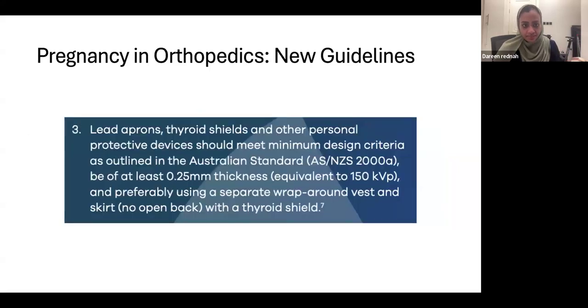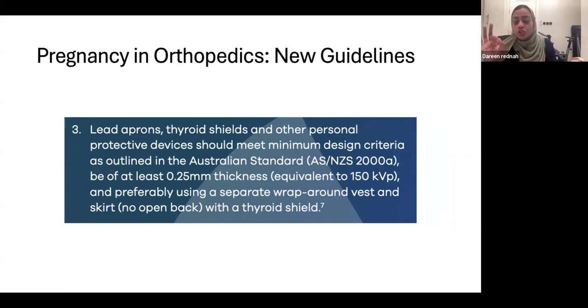research suggested. A lead apron, thyroid shield, and other protective devices should meet minimal design criteria. What is the criteria? The apron at least 0.25 millimeter thickness. The recommended is 0.5 millimeter thickness, but the guideline said 0.25 millimeter thickness is adequate.